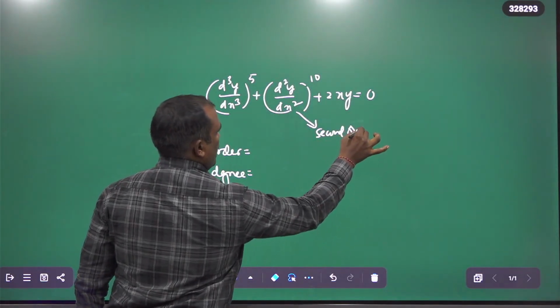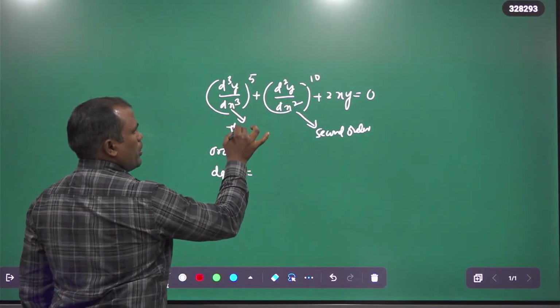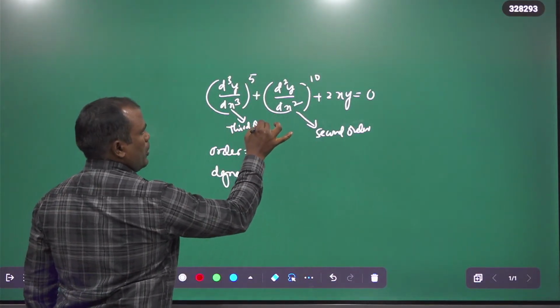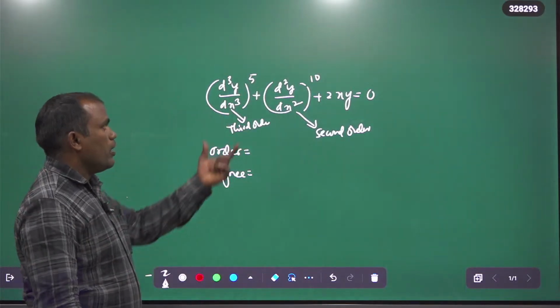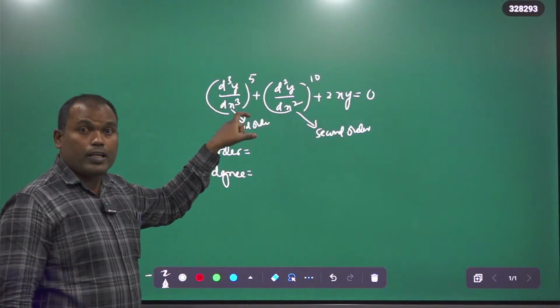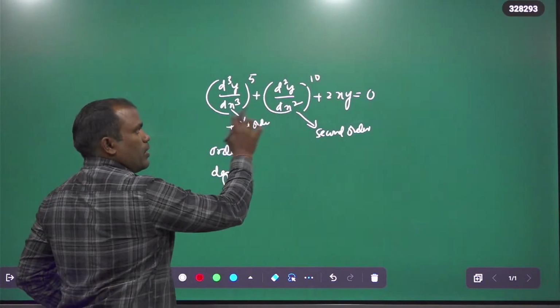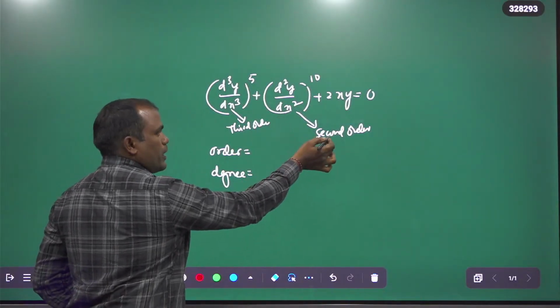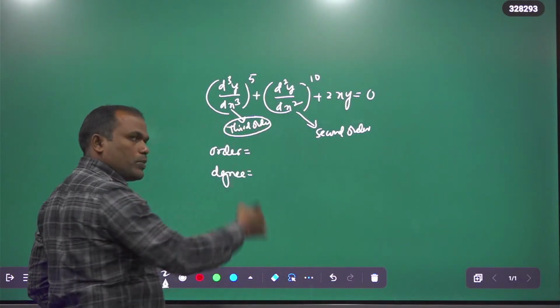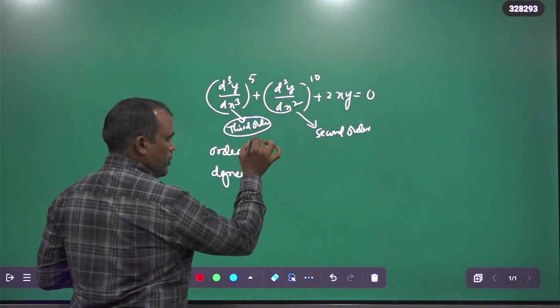This is the second order derivative, and this one is the third order derivative. Whenever a differential equation is given, the highest derivative is the order. So in this case, this is second order, this is third order. Which one is greater? Third order only. So here the order is 3.